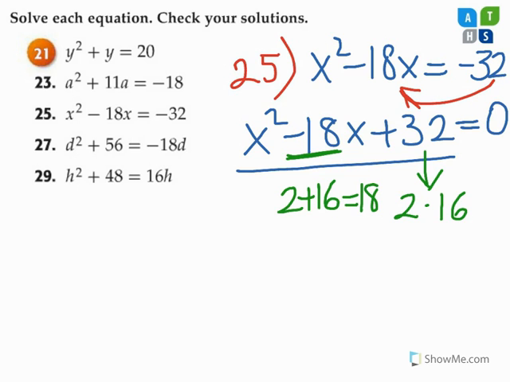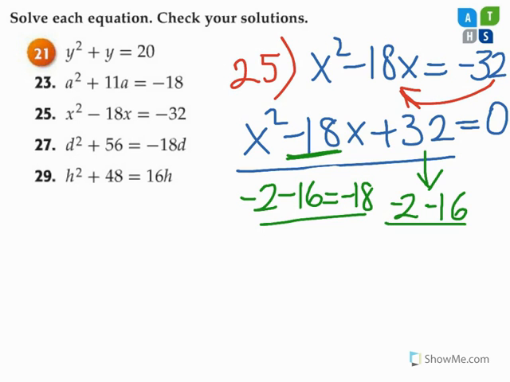So, both of my factors here, 2 and 16, should be minus. So that instead of 2 plus 16, we are going to write minus 2 minus 16, which will be minus 18. Now I have my factors.